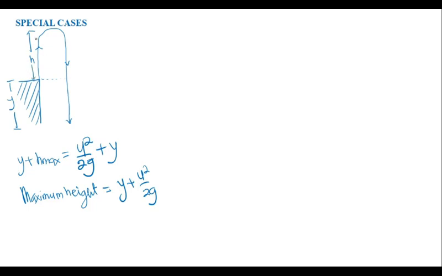If this is our height, then coming down this is another height, let's say h1, and then this is y. So for us to get the total distance covered, we need to add this height from here up to here, then we add this height as well, then we add the height of the cliff, which gives the total distance.